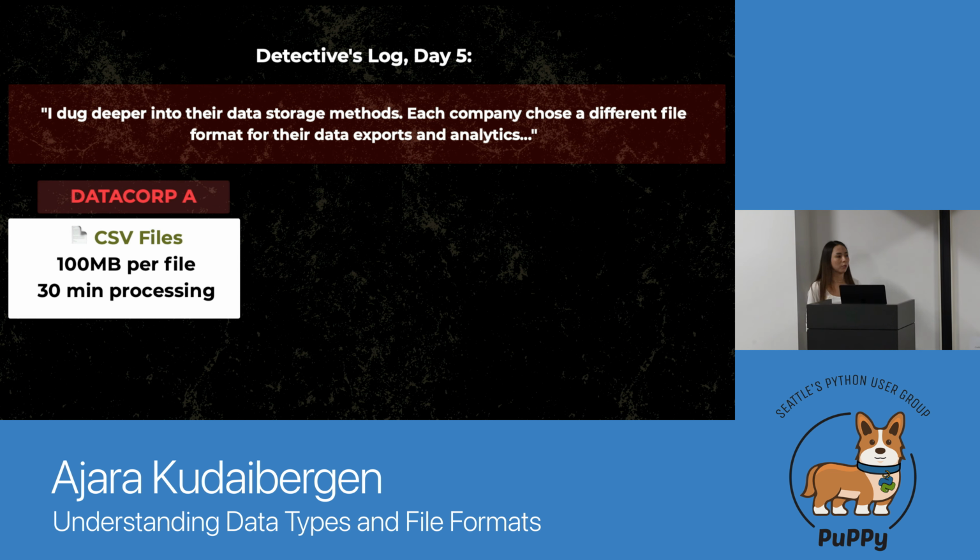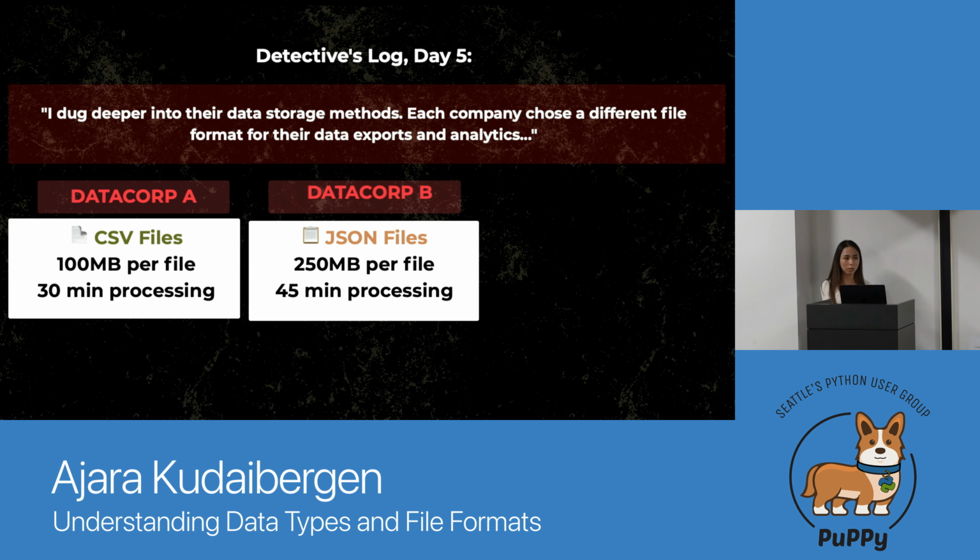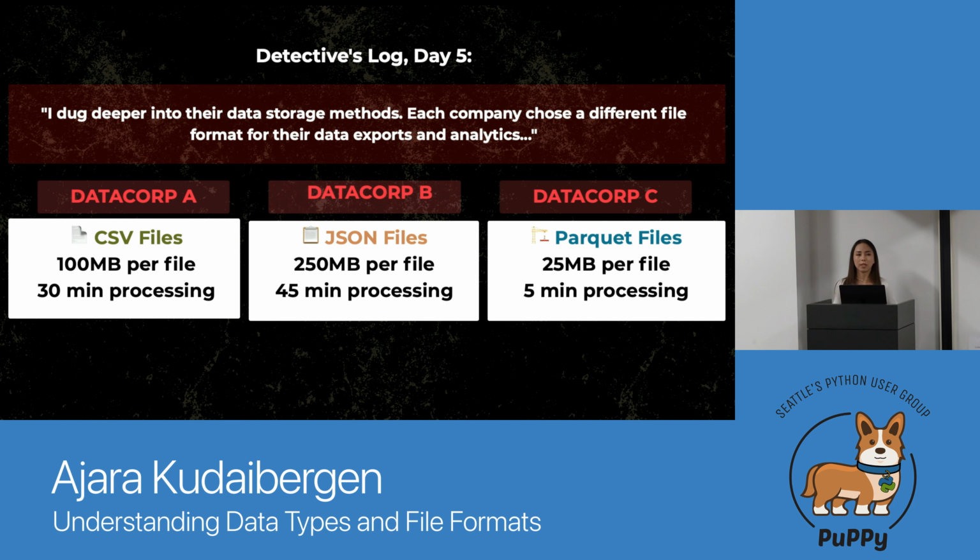Data Corp A used CSV files, which took about 100 megabytes per file and 30 minutes of processing. Data Corp B used JSON files, which took a longer time to process and took more memory. Data Corp C decided to choose Parquet, which took about 5 minutes of processing time.